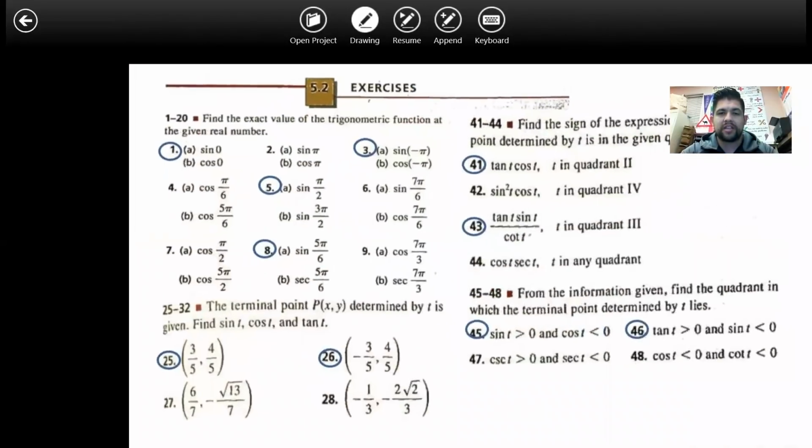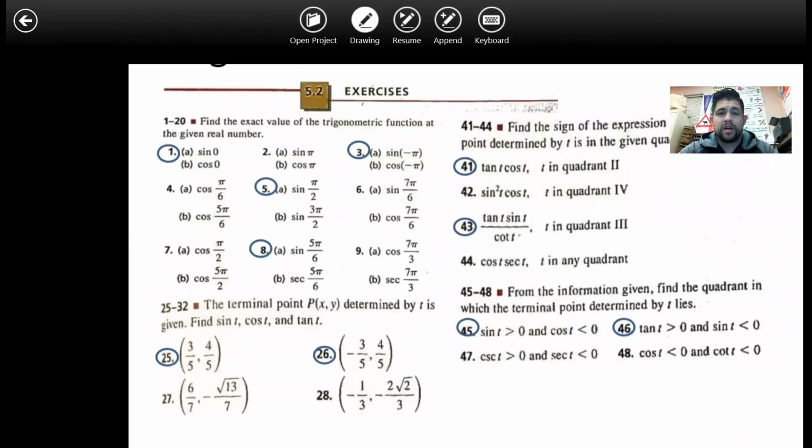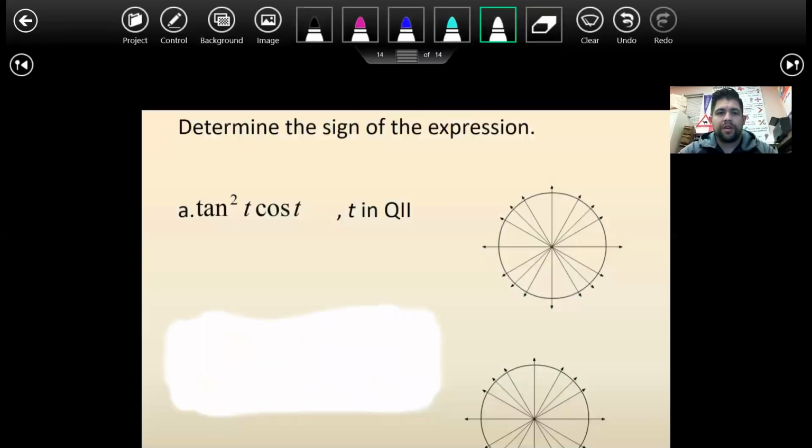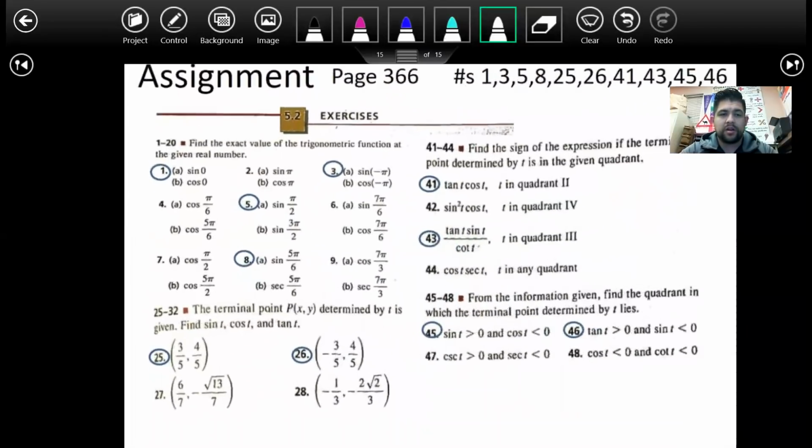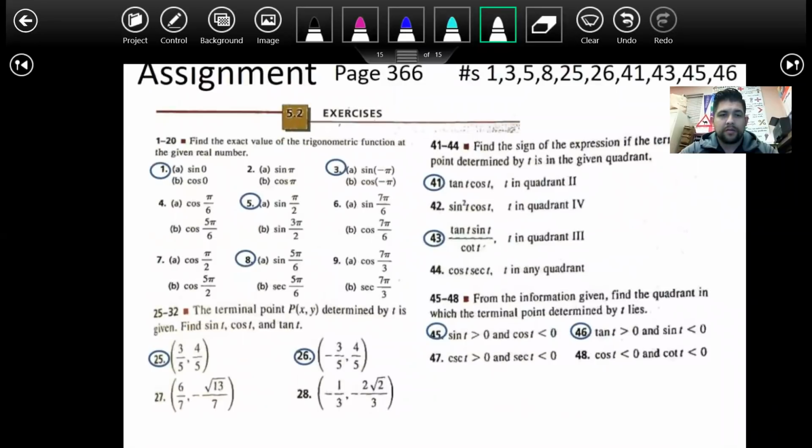These are just good practice problems for you guys to check out. If you really need to do some problems, find the exact value of the trigonometric identity, cosine. So these are good ones to do. It gives you the point already. So 25, 26 tell you where, find sine, cosine, and tangent.